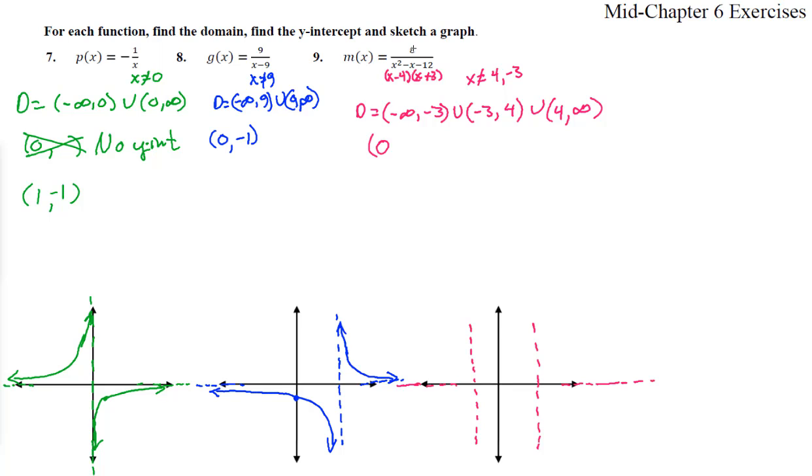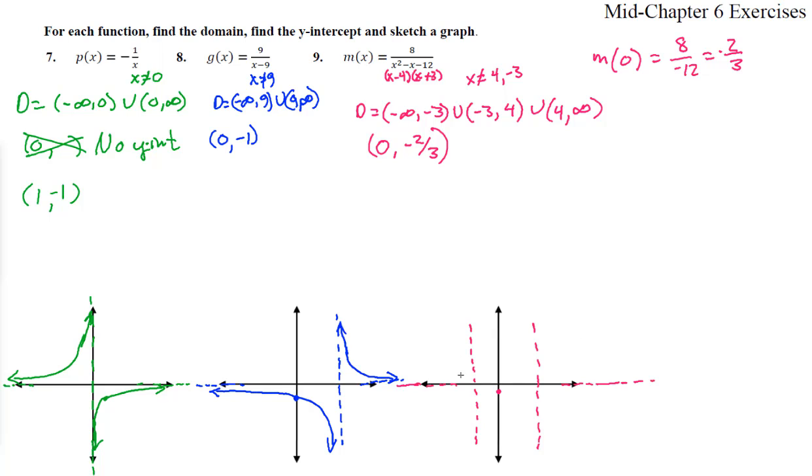So stick in 0, and we get 8 over 0 minus 0 minus 12. So m of 0 equals 8 over negative 12 equals, divide by 4, negative 2/3. Okay, so 0 comma negative 2/3. That's a point. We'll put him right there.